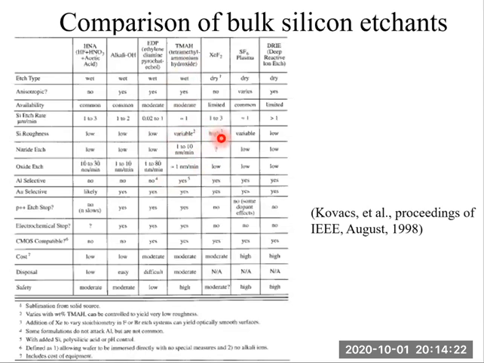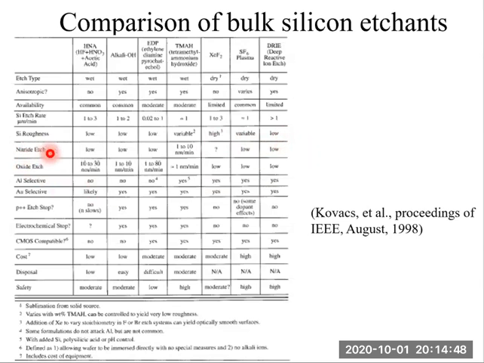But xenon difluoride, high silicon roughness, so the surface is very rough. SF6 variable. Deep RIE low. I would rather say moderate, because we know that the sidewalls etched by deep RIE are not that smooth.